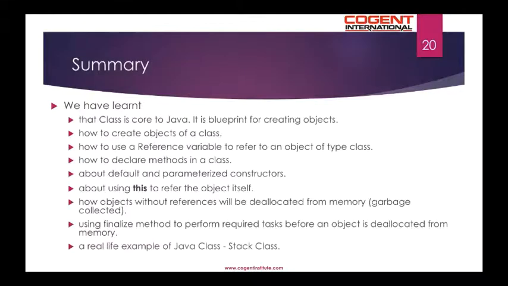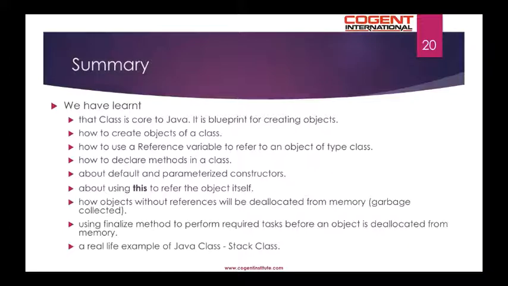To summarize, we have learned that class is core to Java. It is the blueprint for creating objects. We have seen how to create objects, how to use reference variables to refer to an object of type class, and how to declare methods in a class.